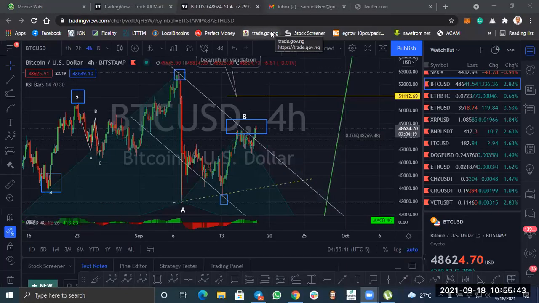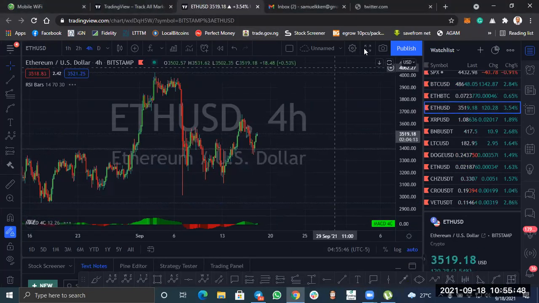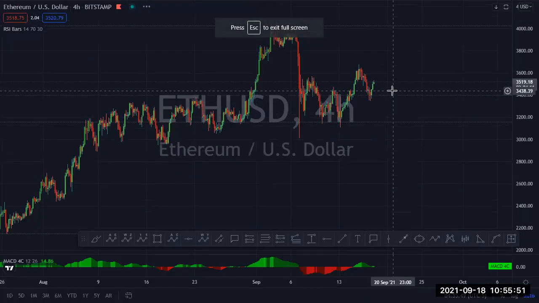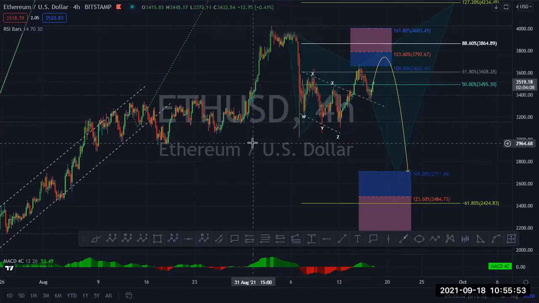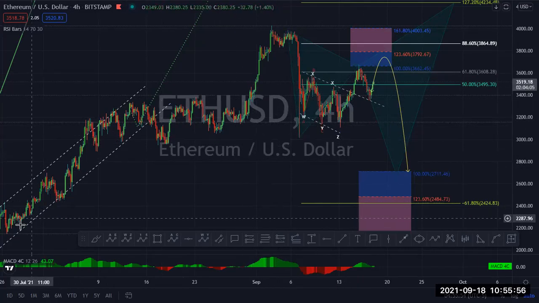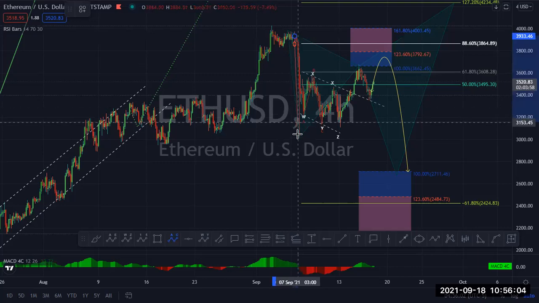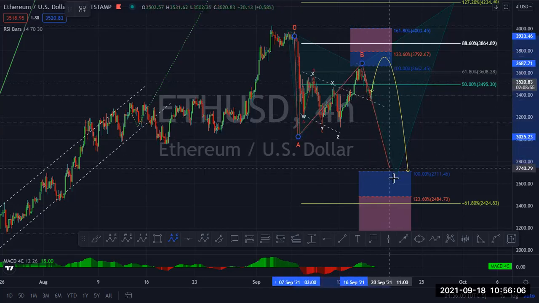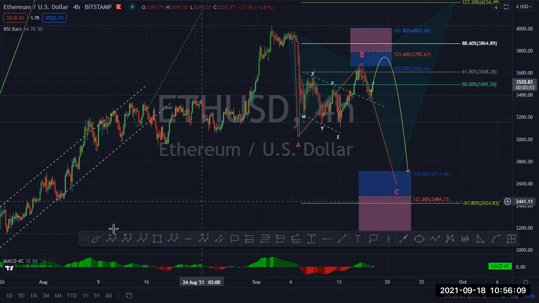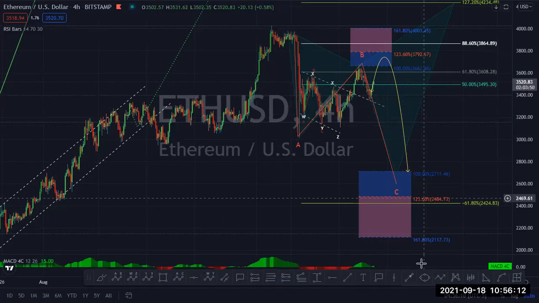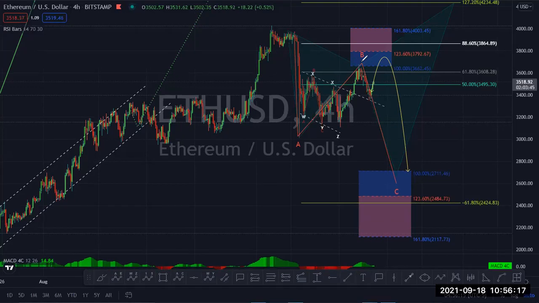Ethereum, we have similar structure on Ethereum. On Ethereum, this wave is 5 waves, and this will be an A, B, C. From what we are looking at now, Ethereum has the B level come to play.